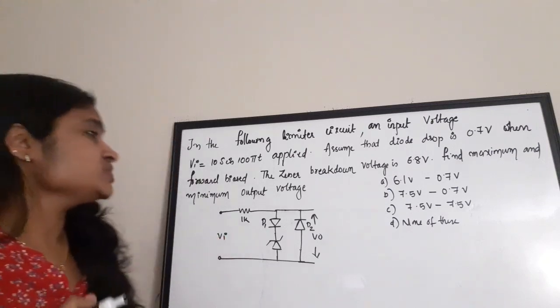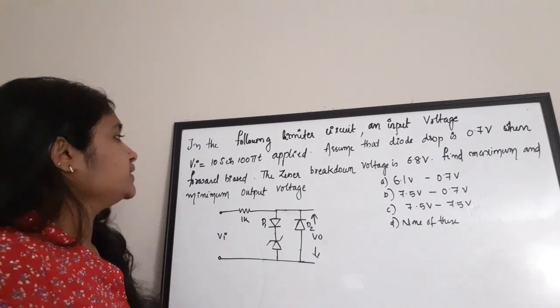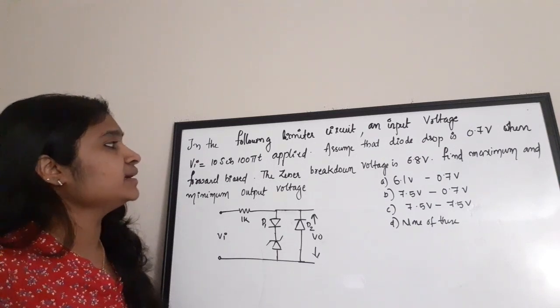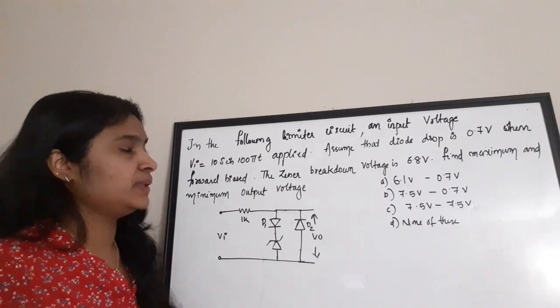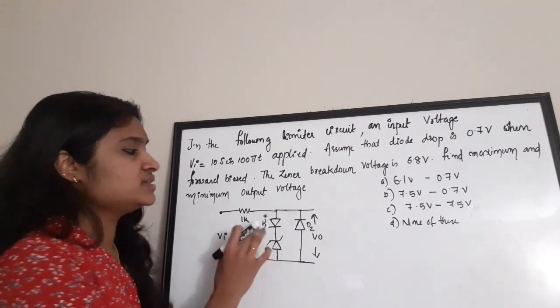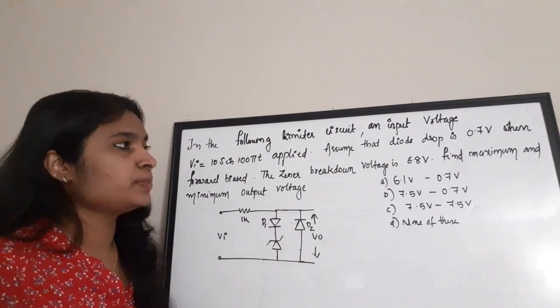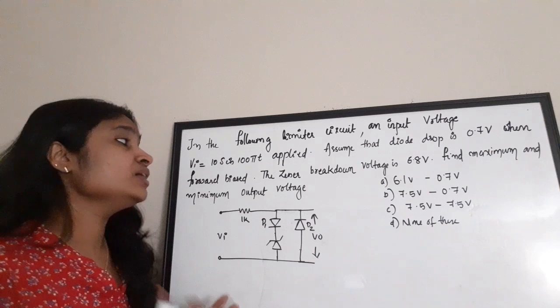The first question is: in the following limiter circuit, an input voltage Vi equal to 10 sin 100 pi t is applied. Assume that the diode drop is 0.7, that is, the drop across these two diodes is 0.7 when forward biased.